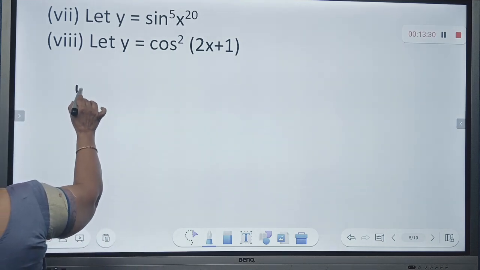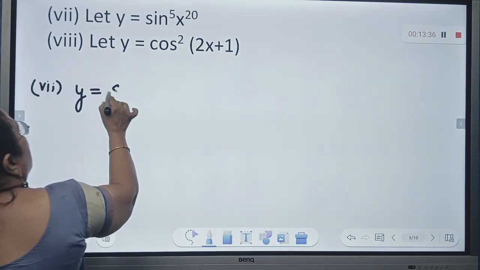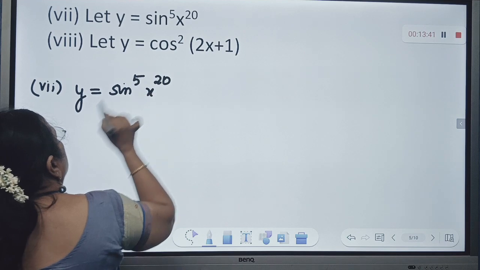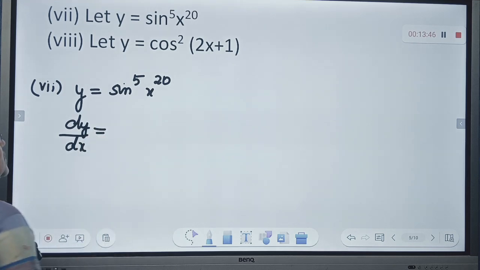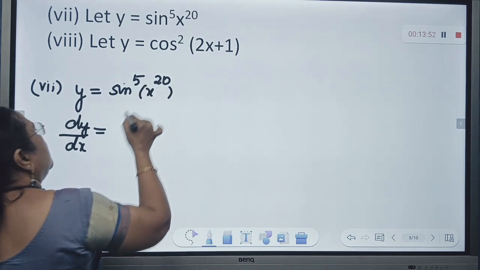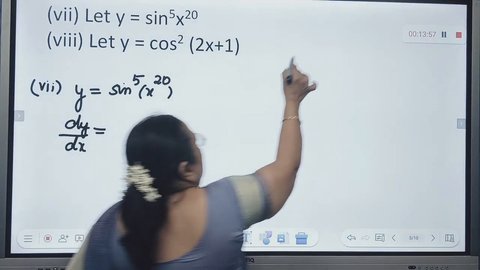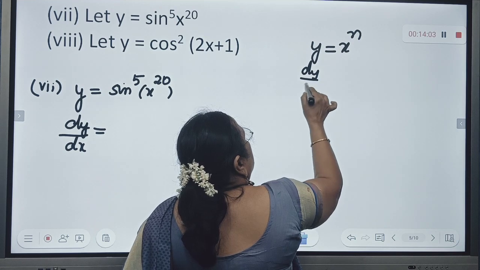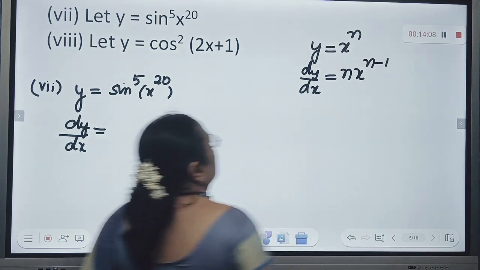Now let us look at this problem. y equals sine power 5 of x power 20. So dy by dx, see, sine power 5 of x power 20, okay, this I will put within. Now, if you differentiate y equals x power n, what is your dy by dx? dy by dx will be n x to the power n minus 1.